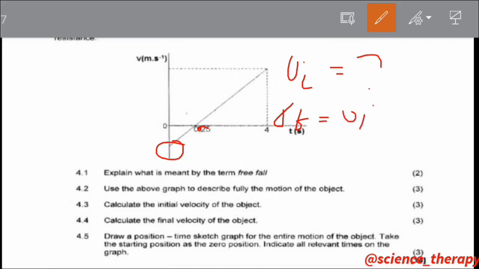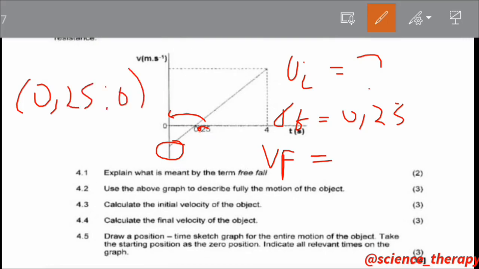So the time taken to reach the maximum height is 0.25 seconds. But what is the velocity at that maximum height? We know that the velocity at the maximum height is 0. So we know if something is an x-intercept, it has a y coordinate of 0. So 0 meters per second.